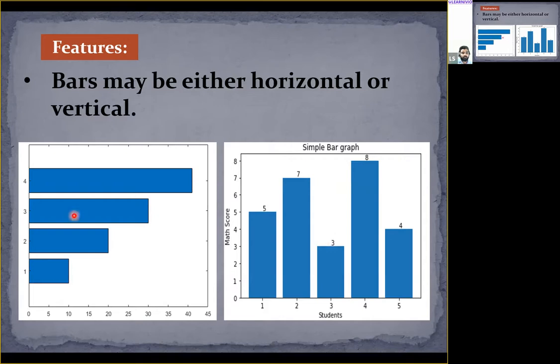But there is another way of presenting a bar diagram, which is called a horizontal bar diagram. So this is the second feature: it can be both horizontal and vertical.